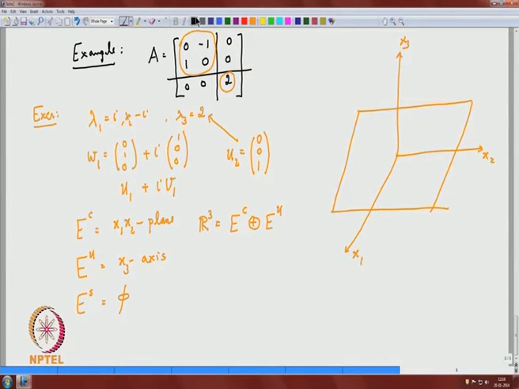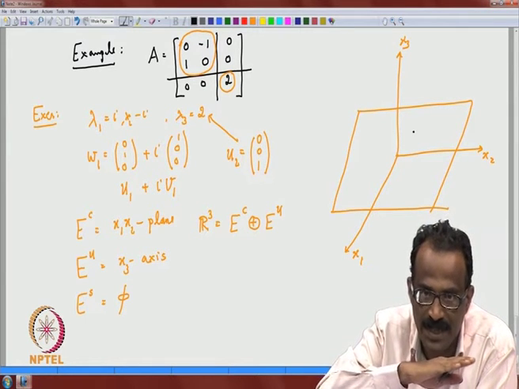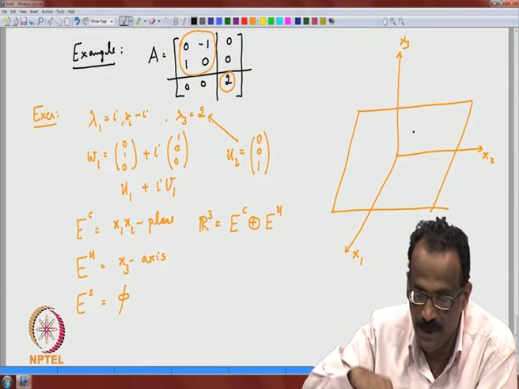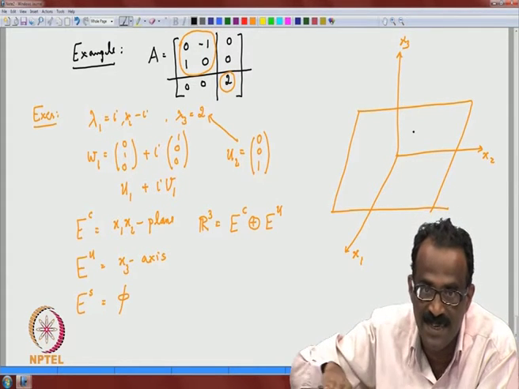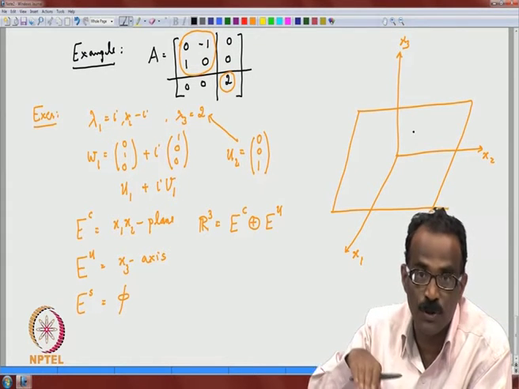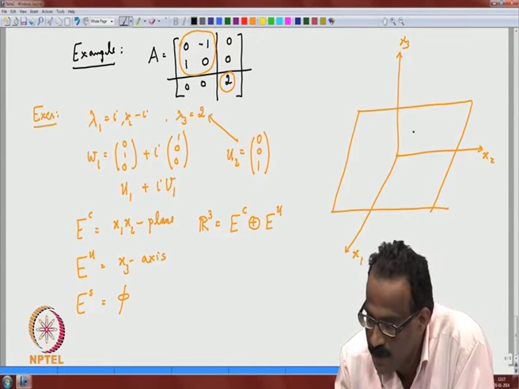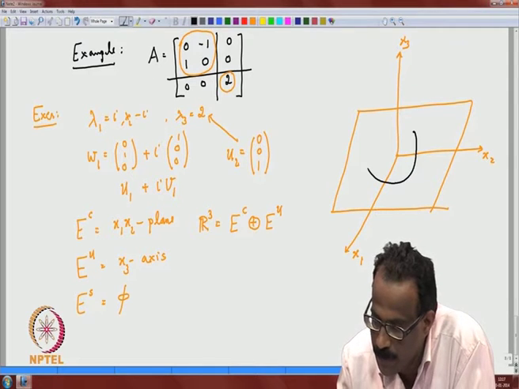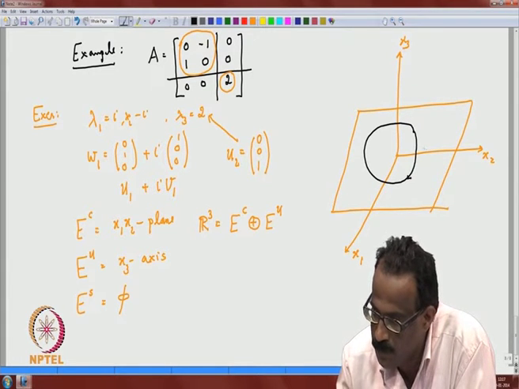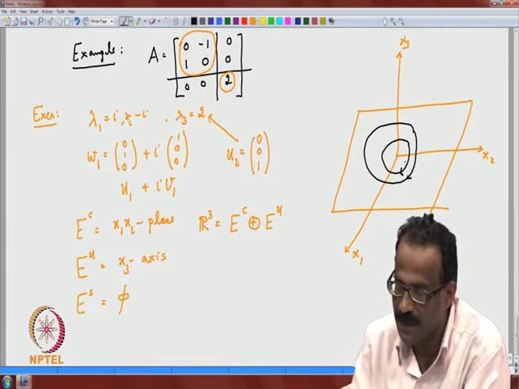So whenever you start a solution here, if you have any initial values in the x1 x2 plane, since x3 is decoupled, it will remain in the x1 x2 plane itself, and in the x1 x2 plane the real part of the eigenvalue is 0. So it will remain like a center, the solution will be a circle.